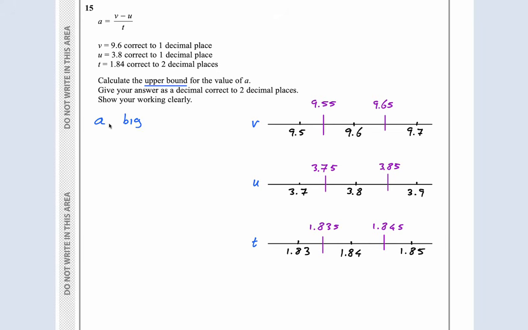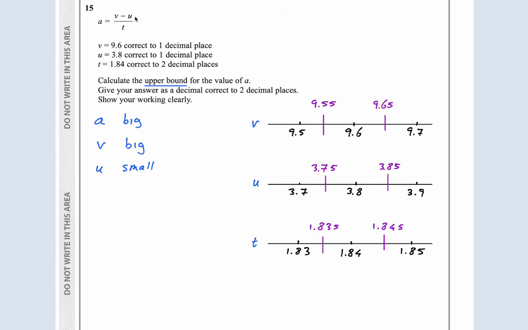So to make A big, I write A big. In order for A to be big, I want V, because it's on the numerator, to be big. The bigger that number, the better. Think about A is money in your bank account. If A is money in your bank account, you want this to be a big number. And then you want to subtract, because you're minusing U, a small number, because they're taking that money out of your bank account.